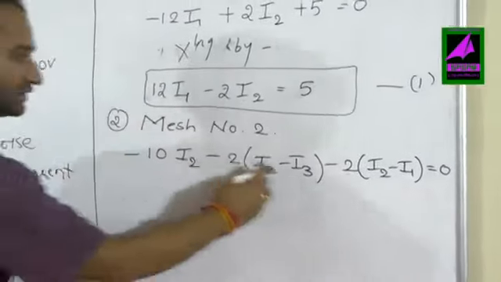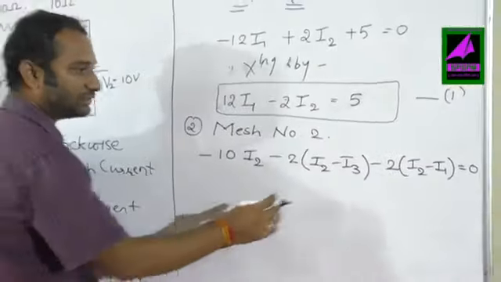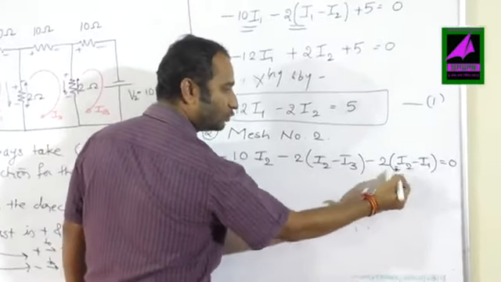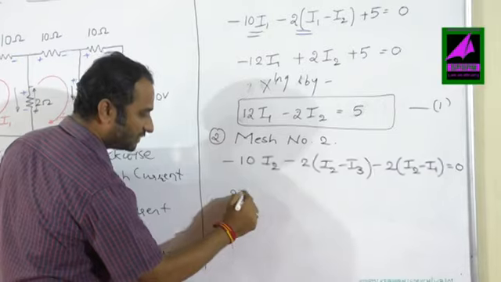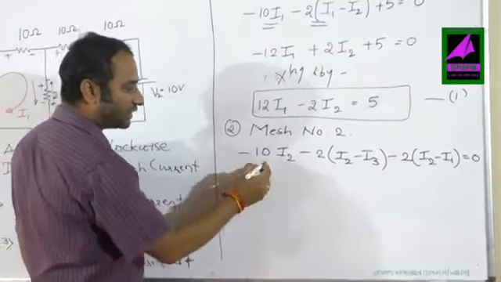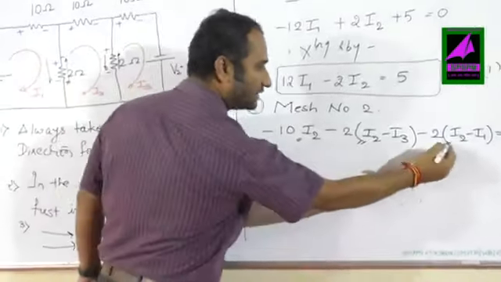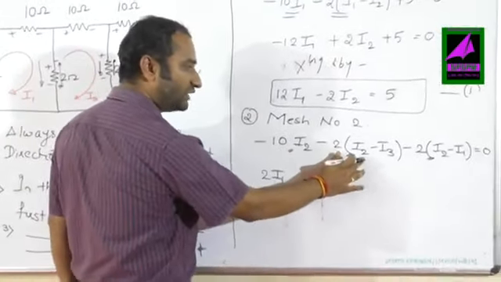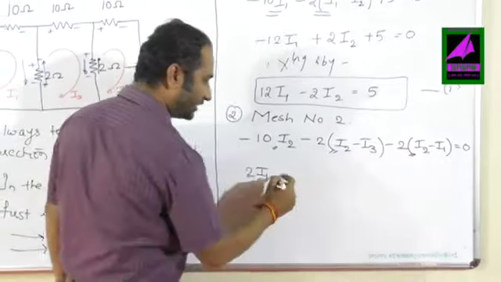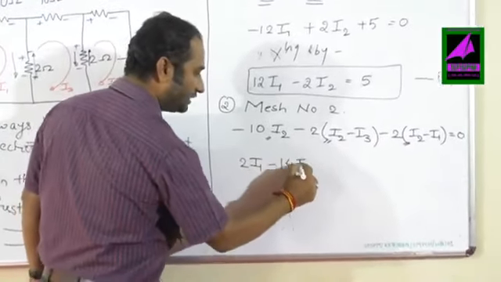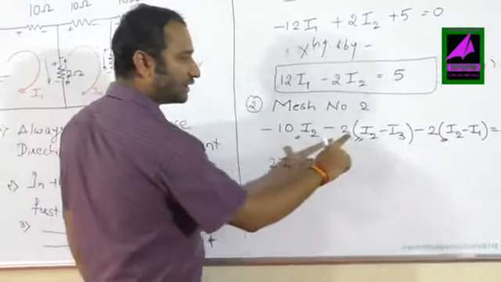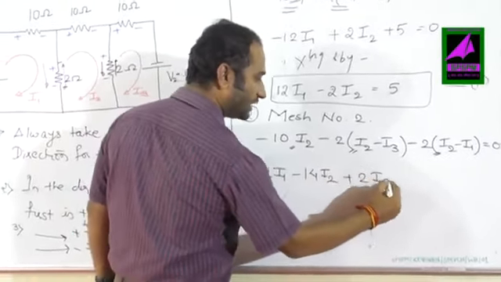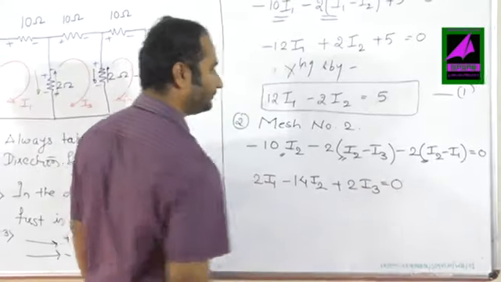So if I try to write all the equations again in the generalized form, I1 first, then this is minus into minus plus 2 into I1 is 2I1. Now I2 is here, here and here. So this becomes minus 10I2, minus 2I2 is minus 12I2, minus 2I2 is minus 14I2. Then I3 is only 1, that is minus into minus is plus. It becomes 2 times of I3 must be equal to 0.